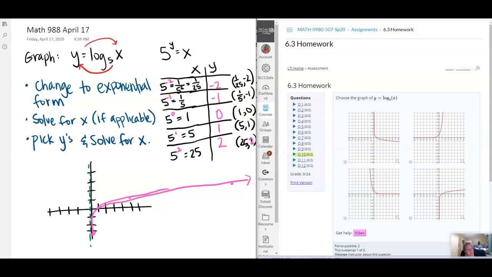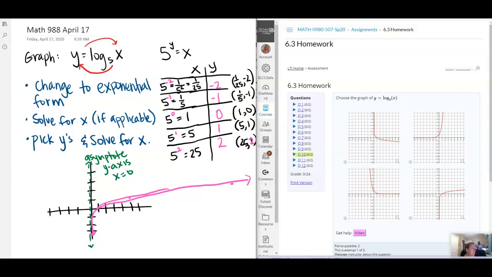So our asymptote here is the y-axis, or we could call that the line x equals 0. It doesn't matter which way you call it, because remember, when we talked about graphing, x equals some number, those are all vertical lines. So x equals 0 is the same thing as that y-axis.